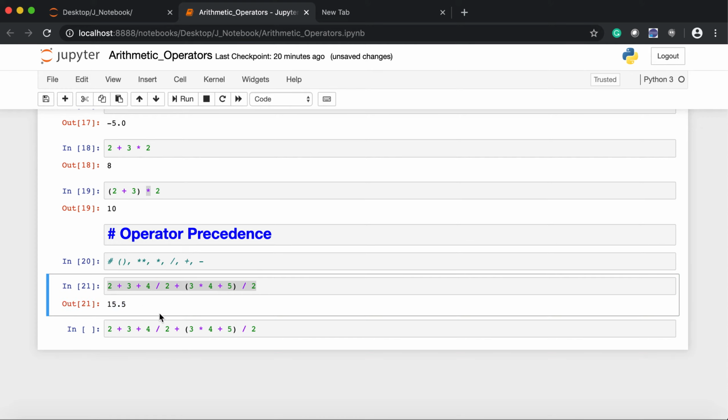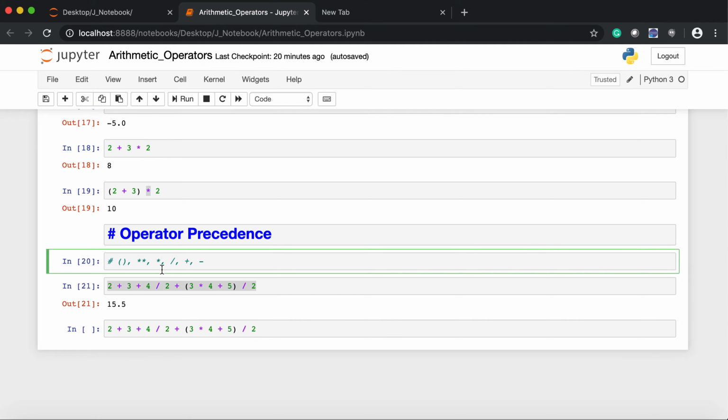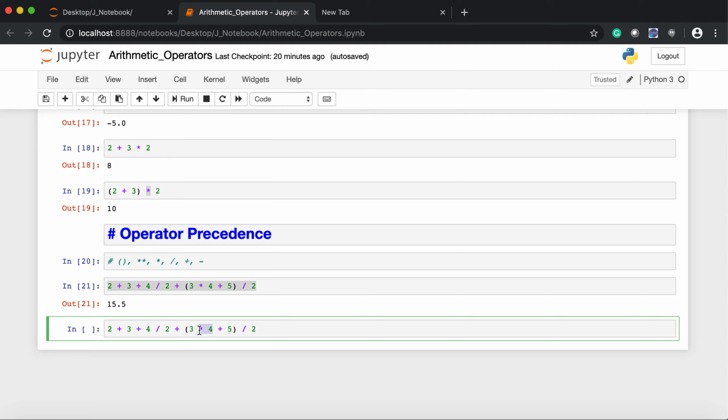So here, as I mentioned, this symbol is going to execute first, and in this bracket you can see that we again have some expression where we have multiplication and plus symbols. So the first priority is this multiplication, so this is going to be 12. Fine.